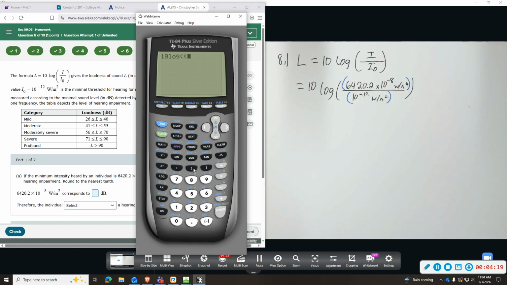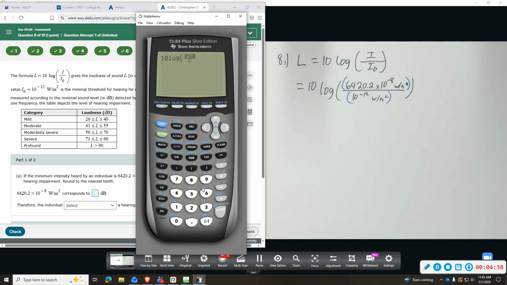If you have a calculator that doesn't have the operating system. This one does, so I'm going to put it in the fraction form so I don't have to do all the parentheses. I do that by doing alpha y equal and hitting enter. It'll make a fraction bar, so I'll just type it just like it looks.